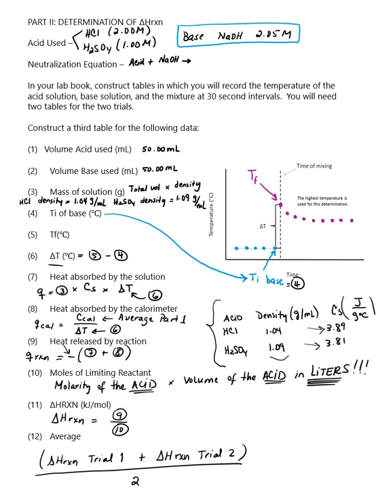If the heat of the reaction has a negative sign, the change in enthalpy for your reaction will also have a negative sign. Your reaction is releasing heat. It's an exothermic reaction. And then in number 12, you're just calculating an average. If you have two trials for this part, you're adding the delta H for your trial 1 plus the delta H in your trial 2, and that divided by 2 will give you the average.